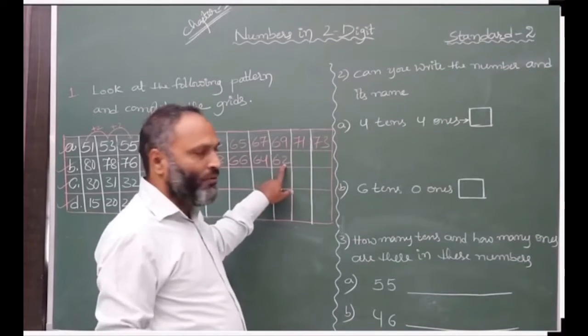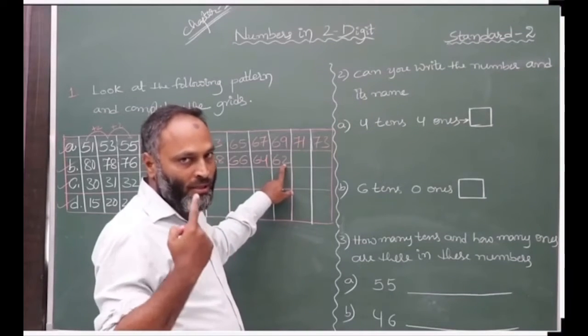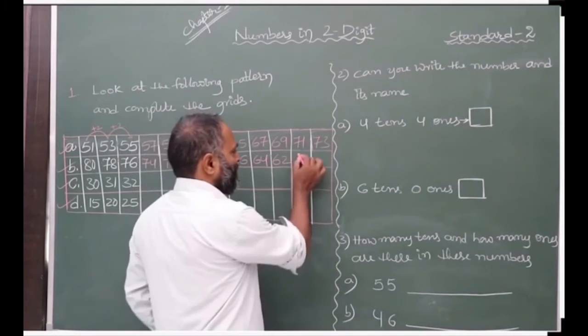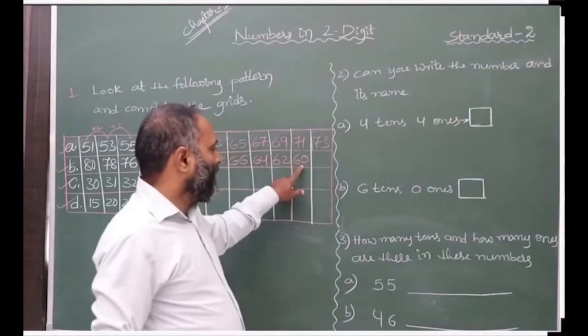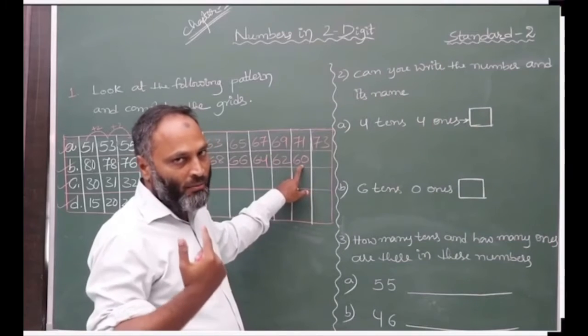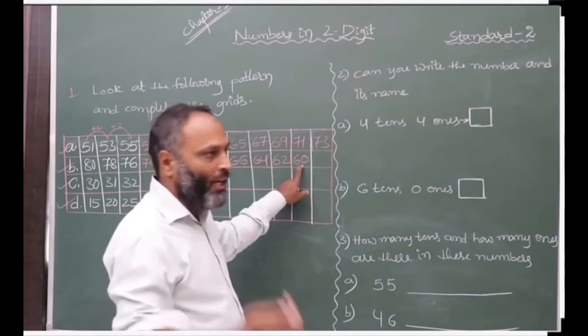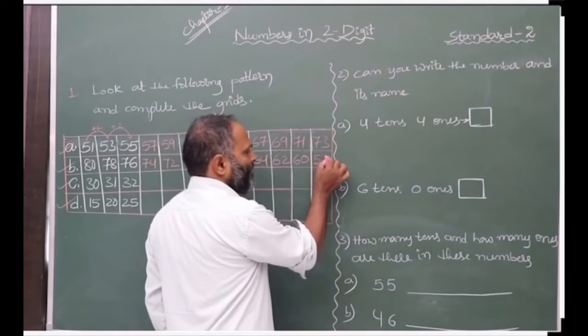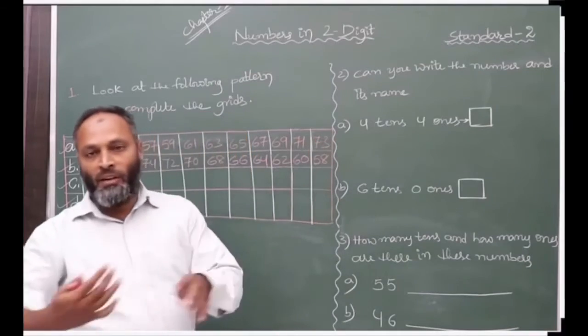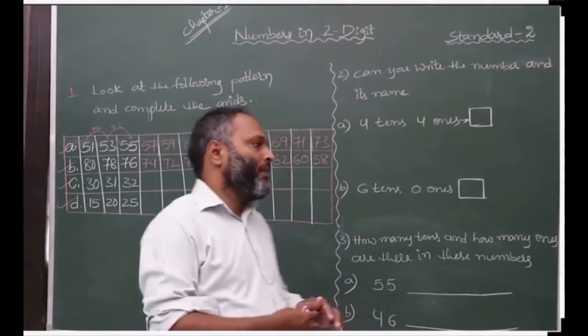And from this, if we decrease 2, that is 61, 60. Then in this, if we decrease again by 2, we get 58. In this way we have to decrease.